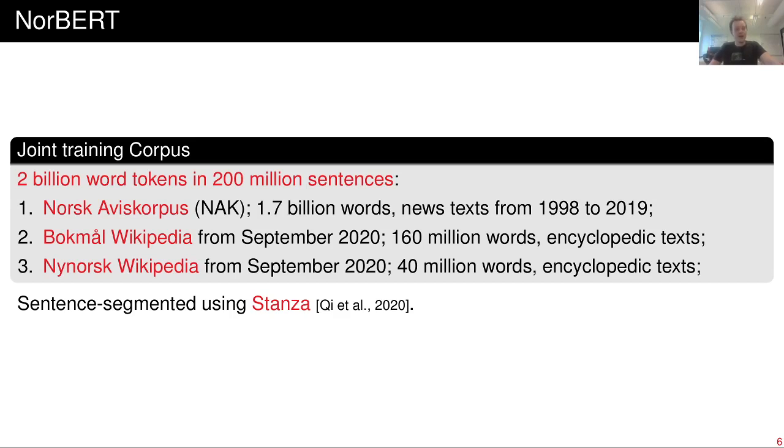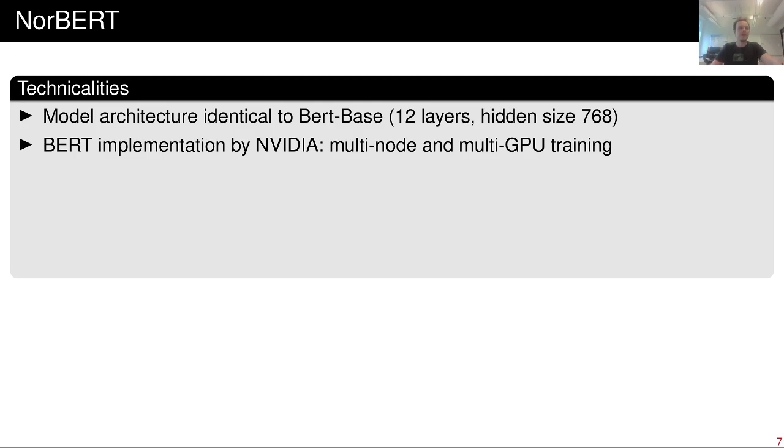Before training, the texts were sentence segmented using Stanza, so that the next sentence prediction task in BERT worked correctly. The model architecture was essentially identical to BERT base: 12 layers, each layer of size 768.